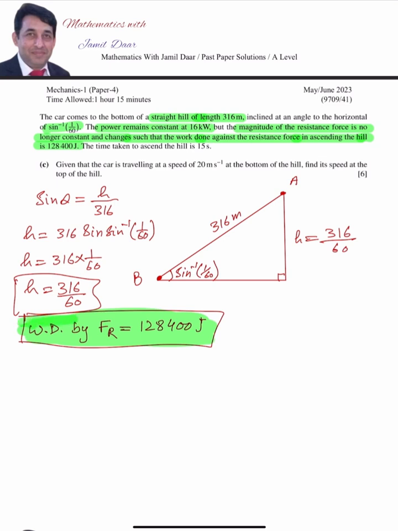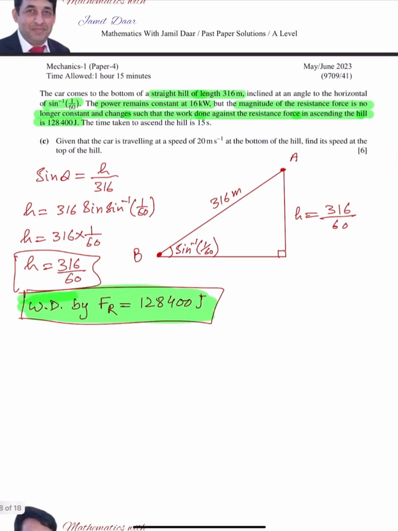Now the next is the time taken to ascend the hill is 15 seconds. Given that the car is traveling at speed 20 meter per second, time is equal to 15 seconds, and at the bottom speed is 20 meter per second.